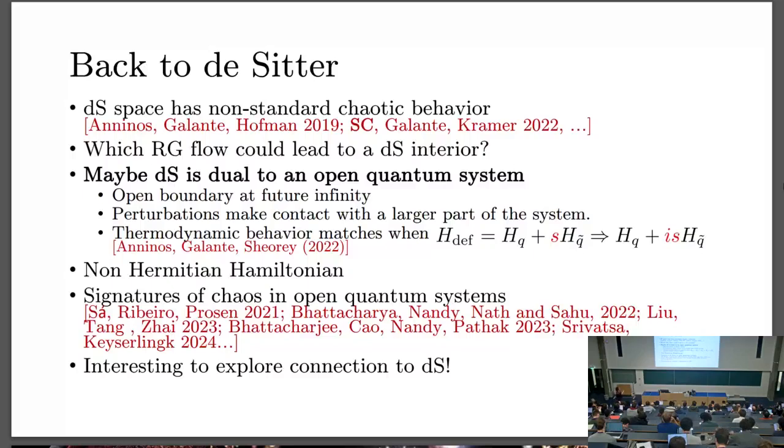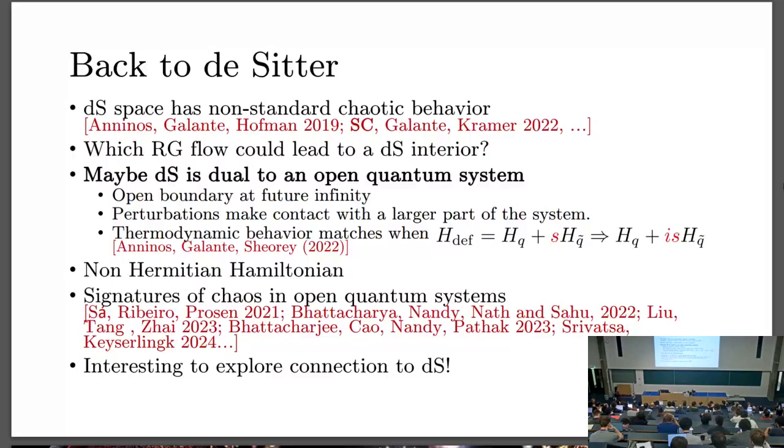This, of course, will be very different from the things that I've been telling you, but there is reason to think that the relevant deformation that I need to add to SYK to make a de Sitter interior would have to do with the study of open quantum systems. And there are several reasons to think that, so let me give you a few. Why would de Sitter be dual to an open quantum system? Well, for one, there is an open boundary at future infinity where energy can leak from the static patch.